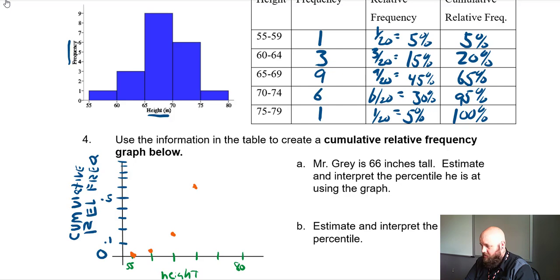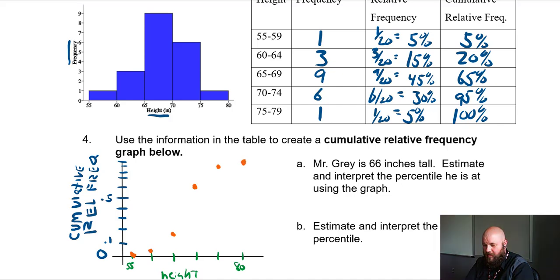And then from 70 to 75, we changed it to 95. And then we went from 75 to 80, went up to 100. So we're going to be sitting right here, leveling off right there at 100.